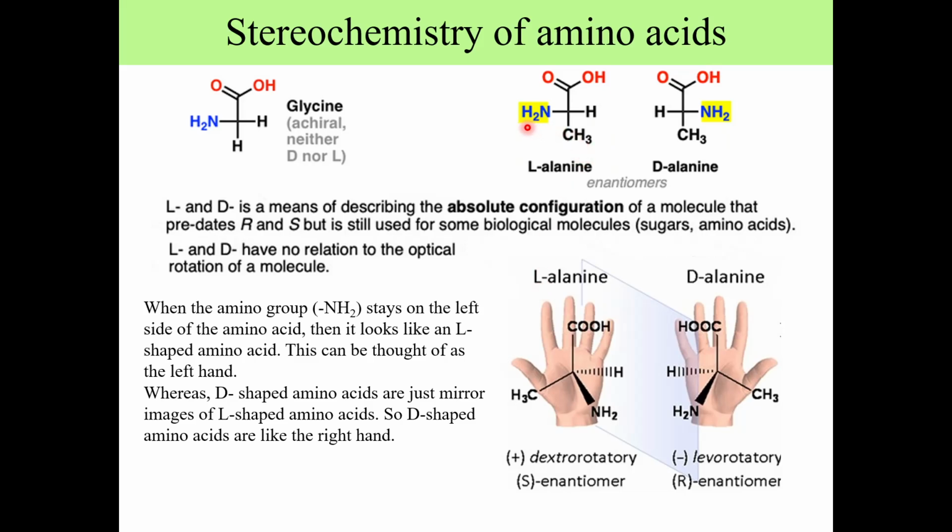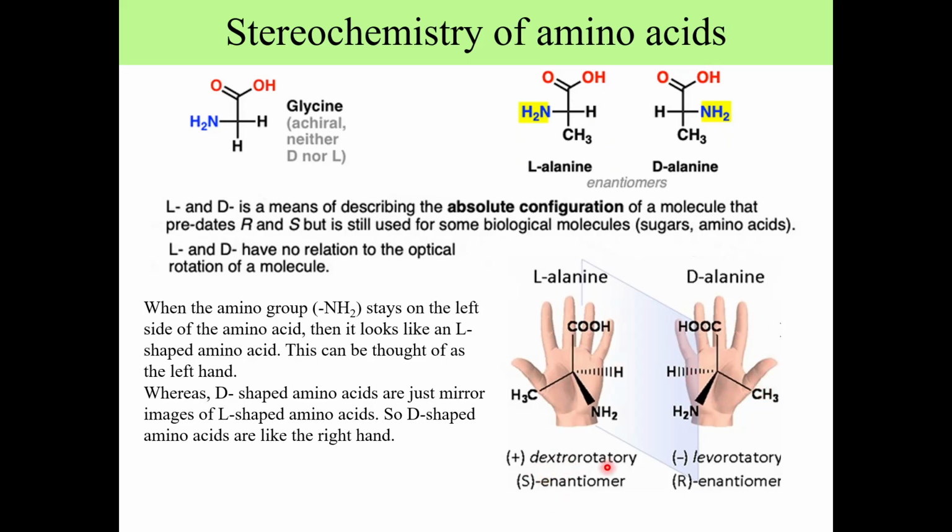This L NH2 group is written towards the left, and this D NH2 group is written towards the right. When the NH2 stays on the left side of the amino acid, it looks like an L-shaped amino acid, and this can be thought of as a left hand. Similarly, the D-shaped amino acids are just mirror images of the L-shaped amino acids, and this can be thought of as the right hand.